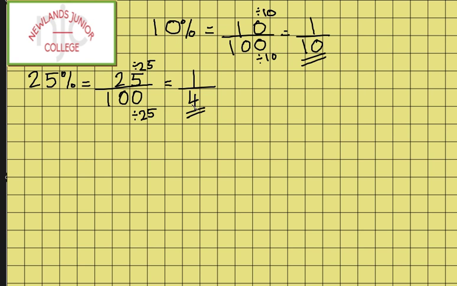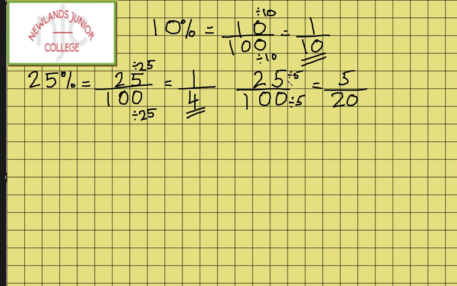Now, what happens if you get yourself to the stage where you know 25% is 25 over 100, and then you correctly say to yourself, okay, I can divide the top by 5, and I can divide the bottom by 5? That gives us 5 on the top and 20 on the bottom.